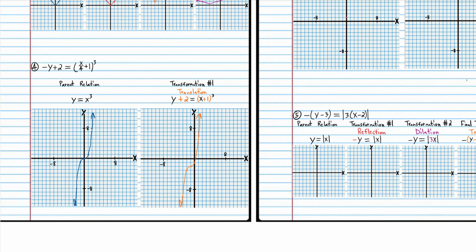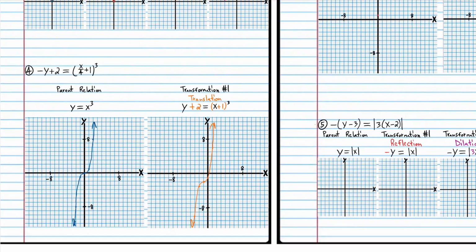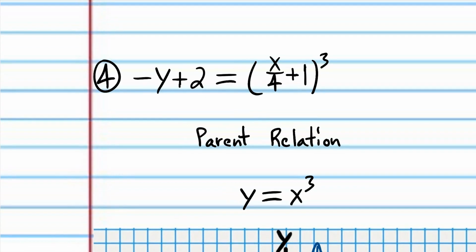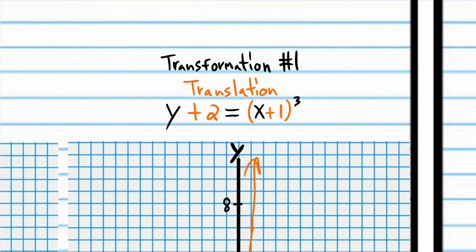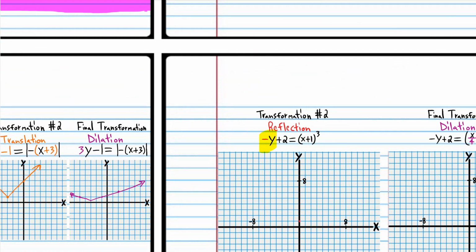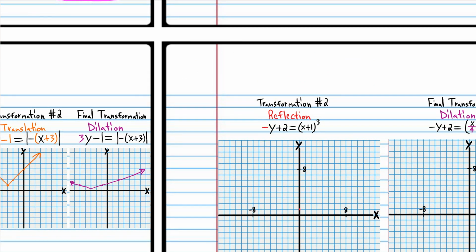And there you go. Okay, so notice that we have a negative symbol in front of the y here. So we're going to replace this y value with negative y, and we're going to graph that equation.